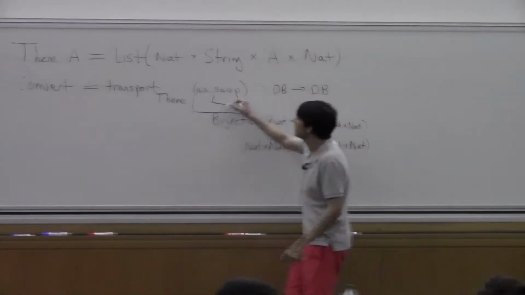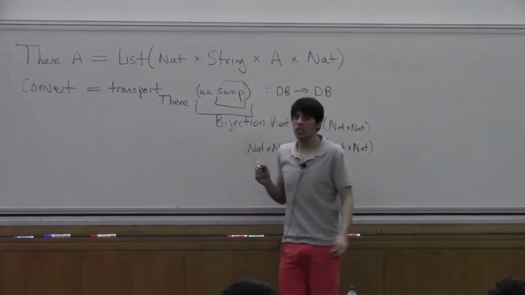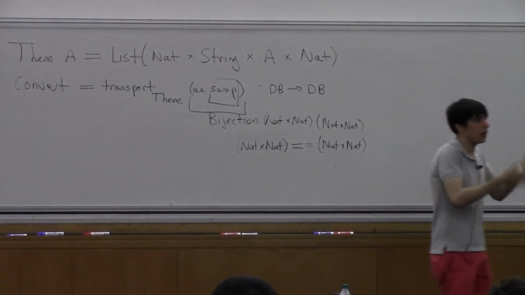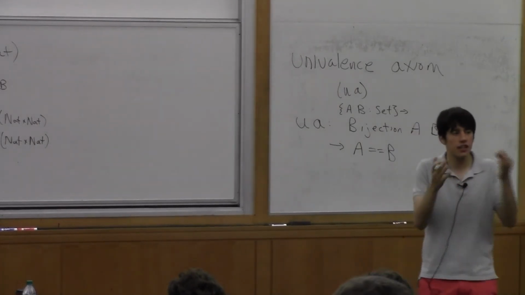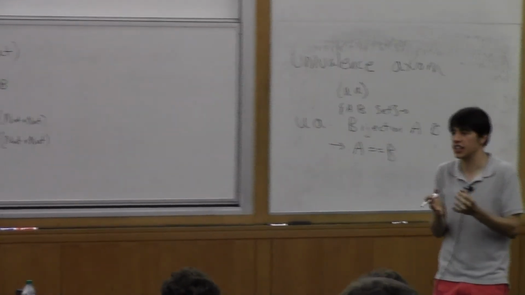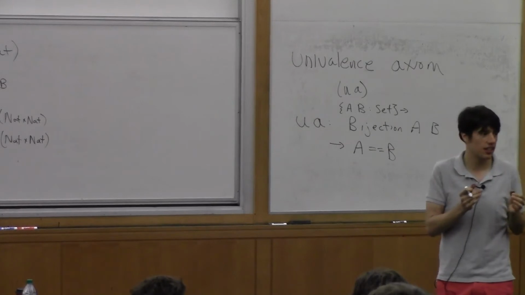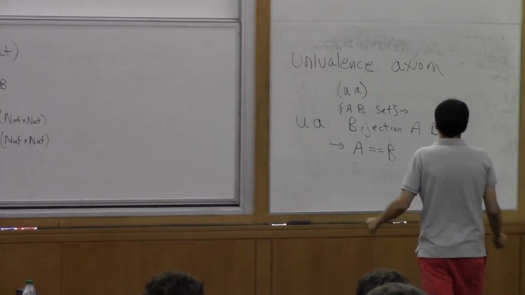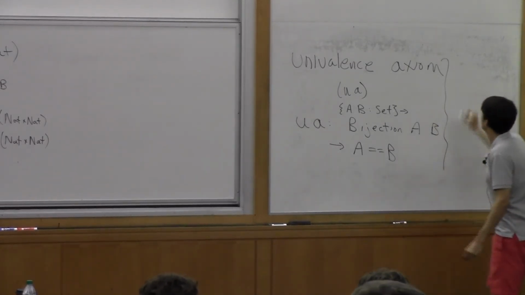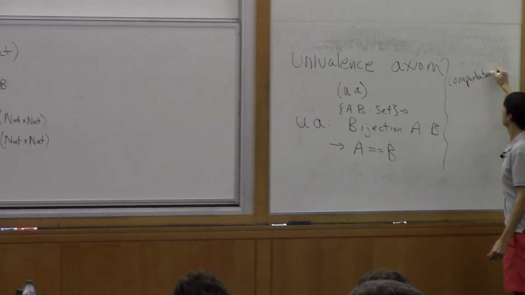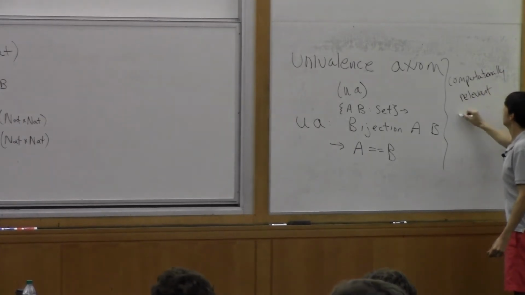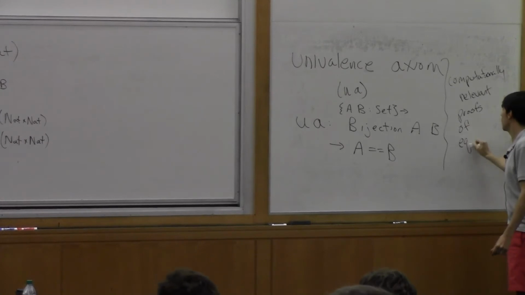It's taking this swap function, and somehow, when you take the swap function and turn it into an equality, you're still preserving the fact that it behaves differently than reflexivity. So what we have is what you might call computationally relevant proofs of equality.